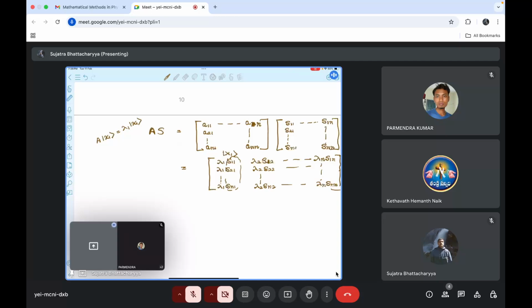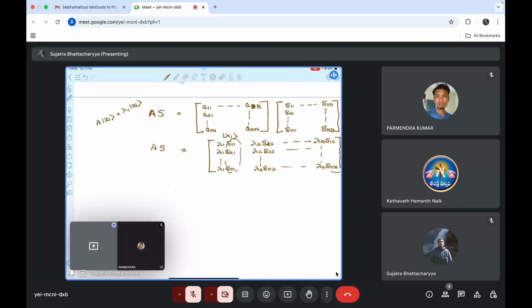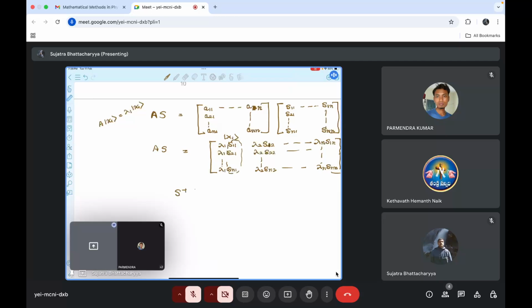All right. Now, finally, so you have AS. Now, what you will do is that you do an S inverse of this. So, S inverse AS, what you will have is this lambda 1, lambda 2, so on up to lambda n. Only the diagonal elements will remain, and those diagonal elements are nothing but the eigenvalues. So why is this diagonalization important?